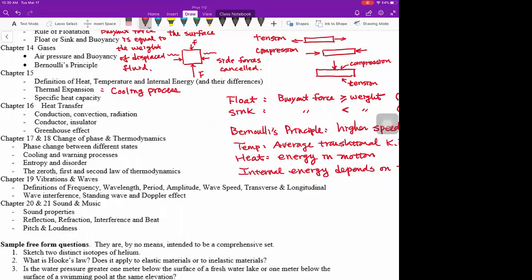Specific heat is a property that tells how fast or how slow a material will change its temperature.